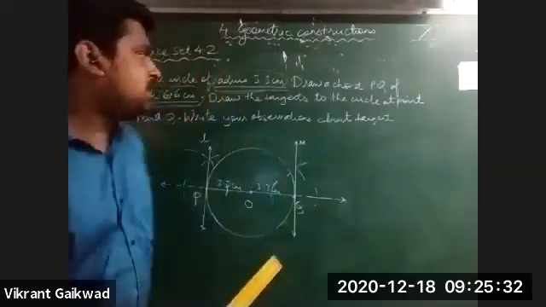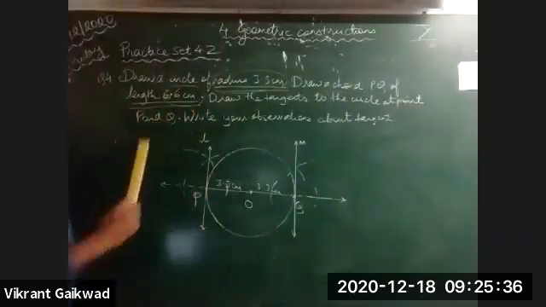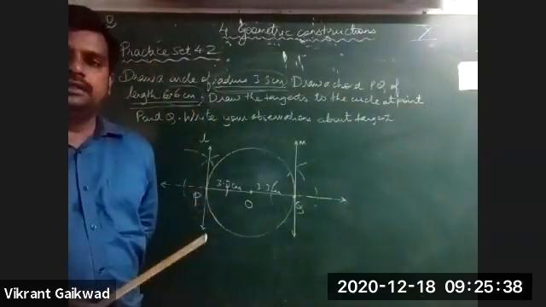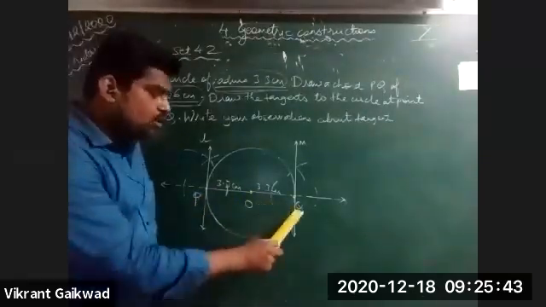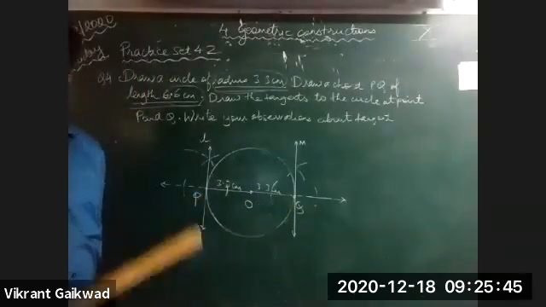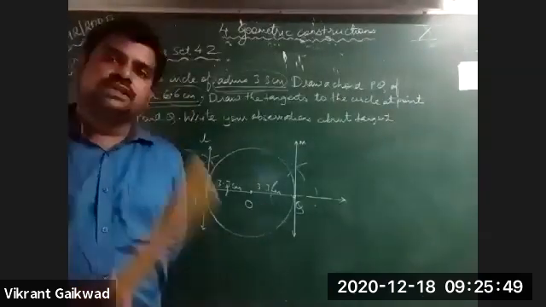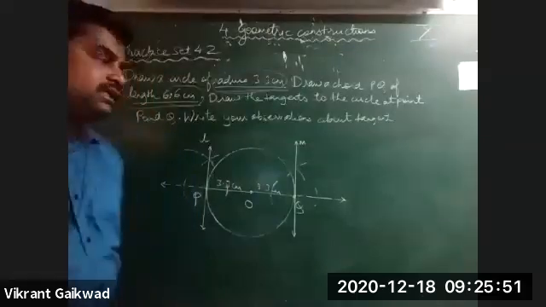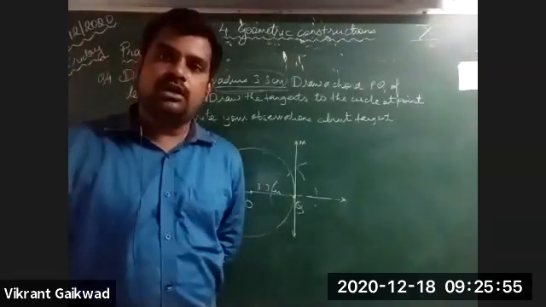After that, they have asked you to draw the tangents to the circle at points P and Q. Here OP and OQ form the radii, so we're going to apply the property of tangent and radius. The tangent and radius are perpendicular.